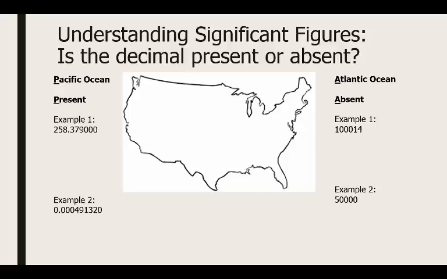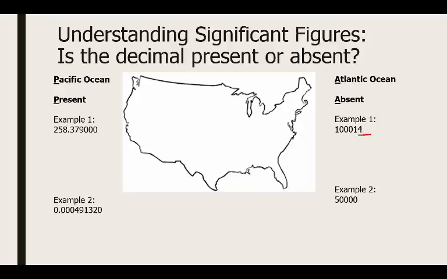If the decimal is absent, you want to look for your first non-zero number beginning on the far right-hand side, or where the Atlantic Ocean is. Atlantic Ocean, absent, right-hand side. So in example 1, our first non-zero number, starting from the far right-hand side, is the number 4.